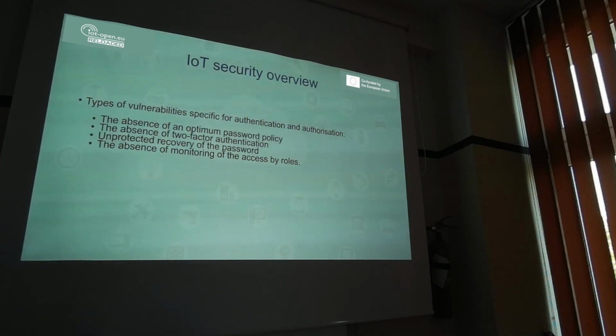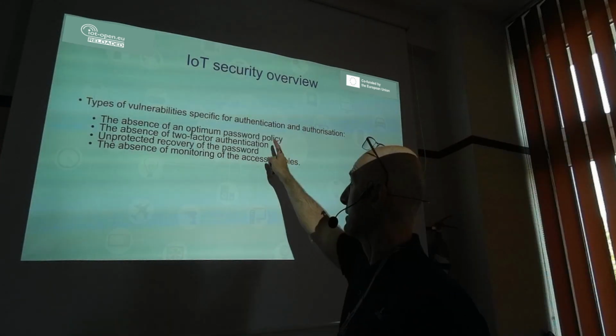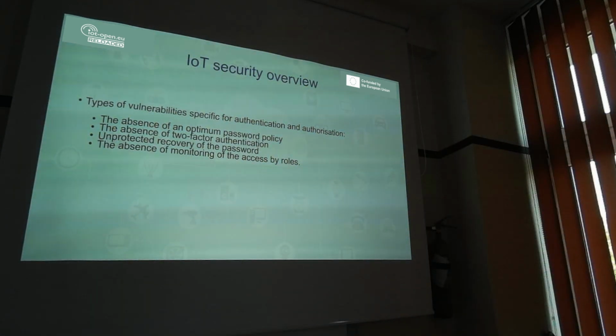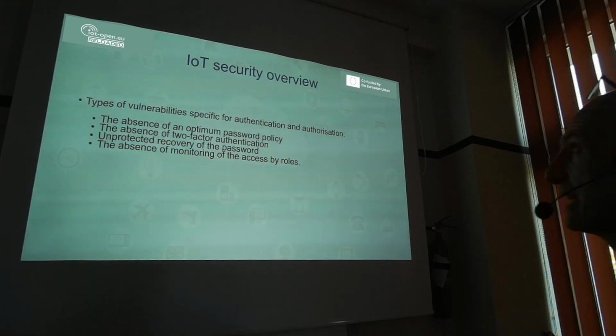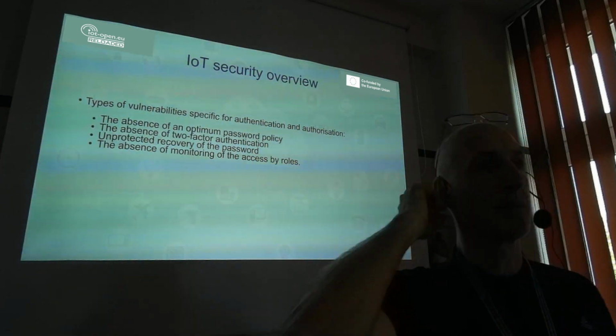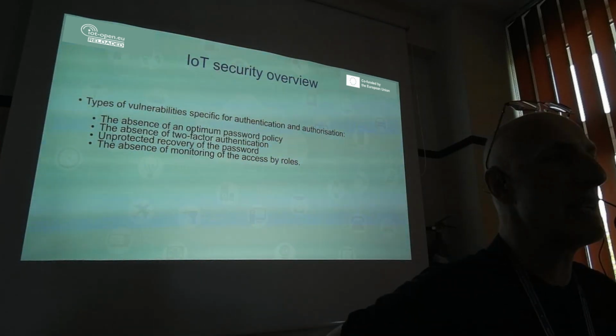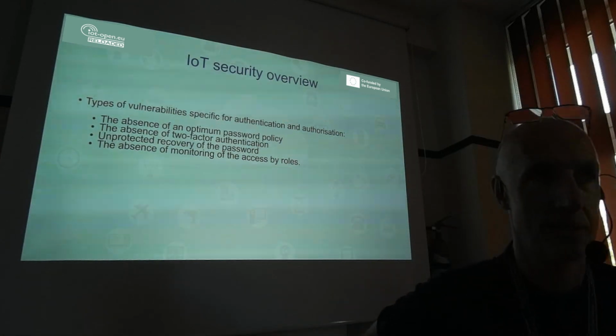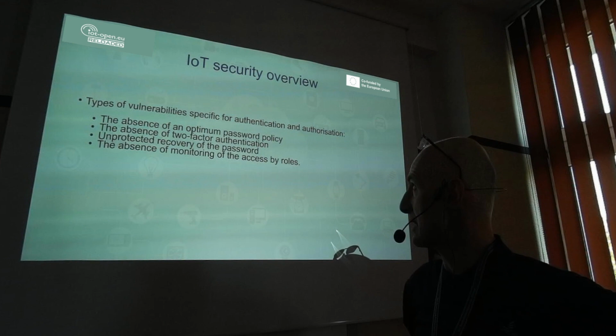Absence of two-factor authentication. Okay, that's problematic in the case of IoT devices because an IoT device won't get something like Google Authenticator and provide a time-based code. But for users, it is good. Unprotected recovery of the password. Guess, guys, I have seen a system that was actually keeping the passwords, not their hashes, just the passwords, inside their database.